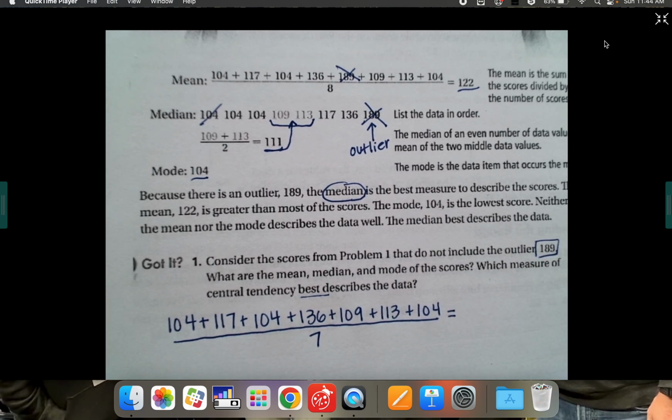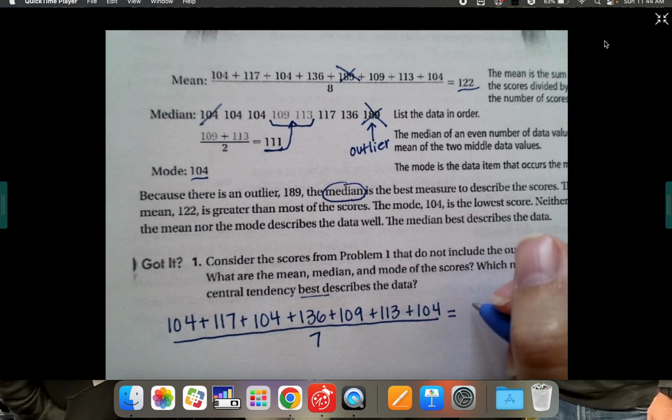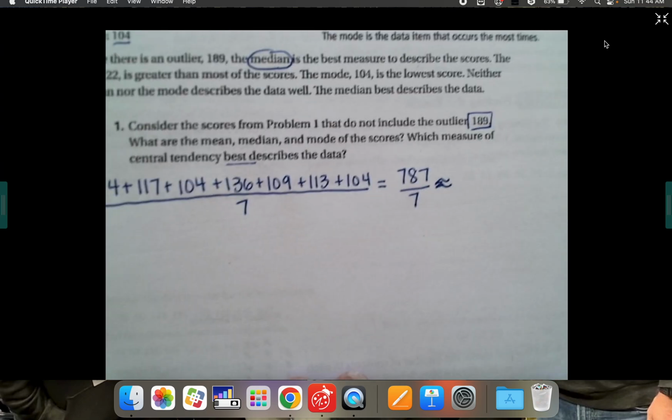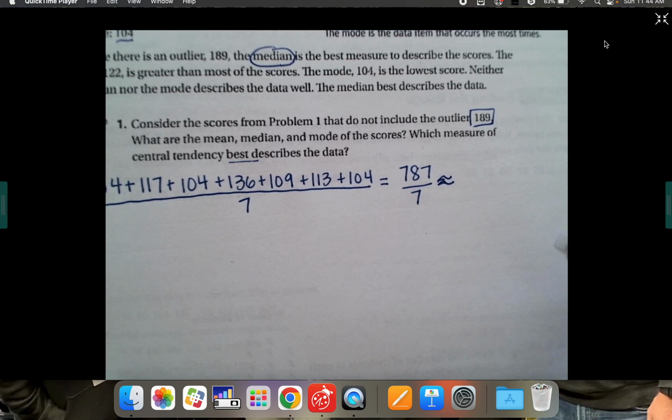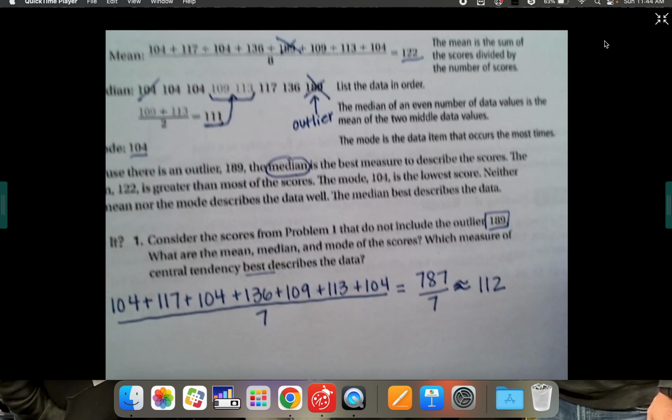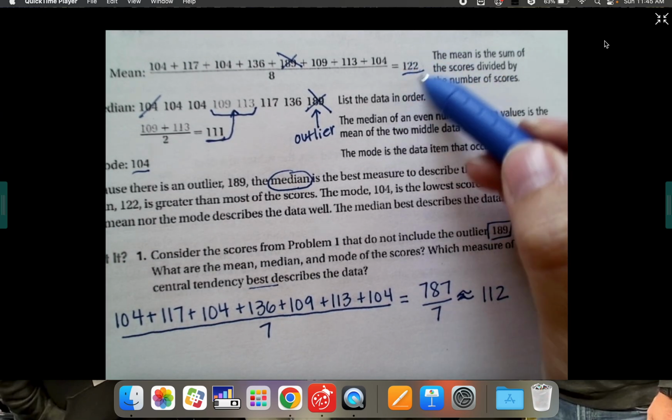I did this really quickly earlier. You might double check that my math is right on your calculator, but I got 787. And I'm dividing, remember, by only 7 bowlers this time. It didn't come out exactly evenly, but if you use your calculator, 787 divided by 7 is about 112.